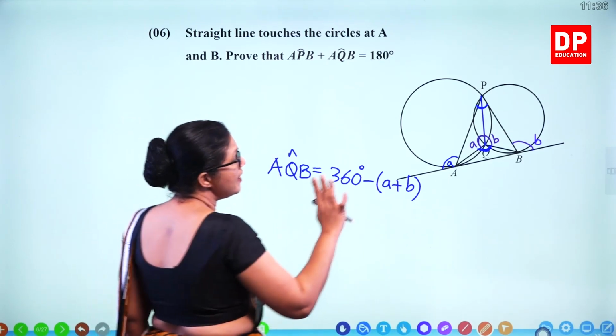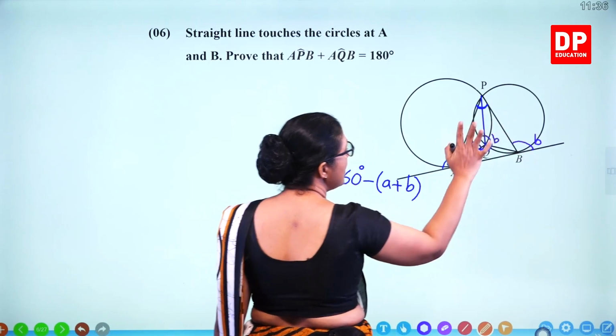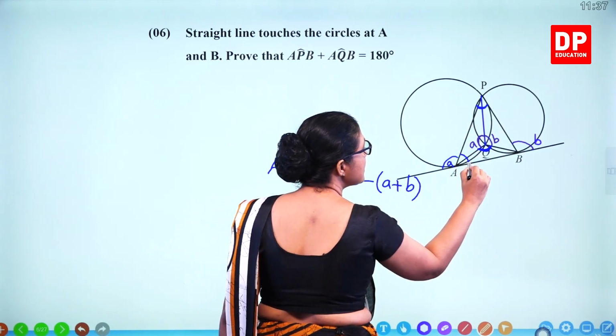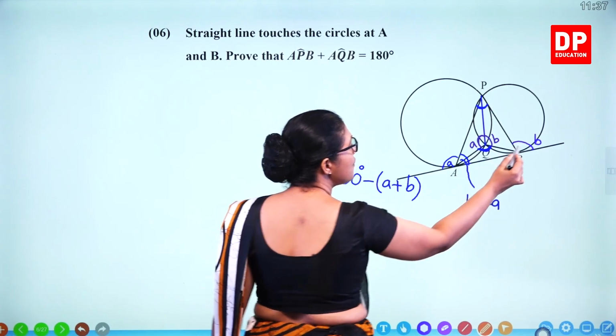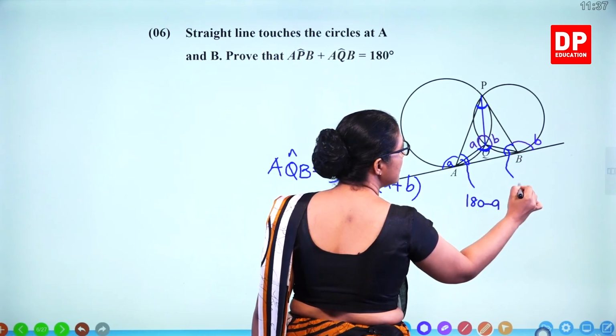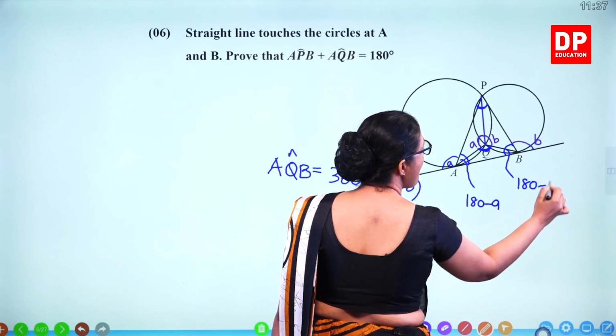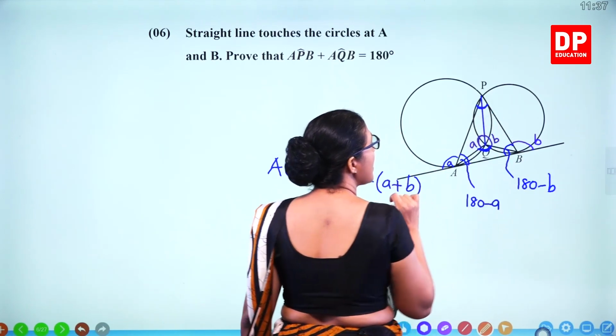Then we need a relationship for APB. Now if this is A, what is this angle? 180 minus A. If this is B, what is this angle? 180 minus B.